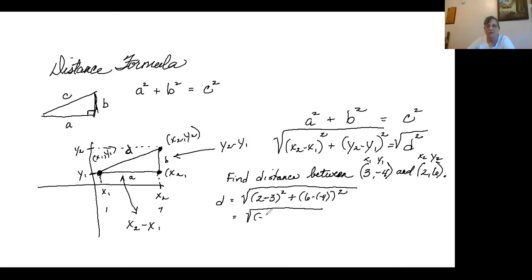So this is going to be negative 1 squared plus 6 minus negative 4 is 6 plus 4. So this is going to be 1 squared is 1, negative 1 squared is 1, plus 10 squared is 100. So the distance is the square root of 100.